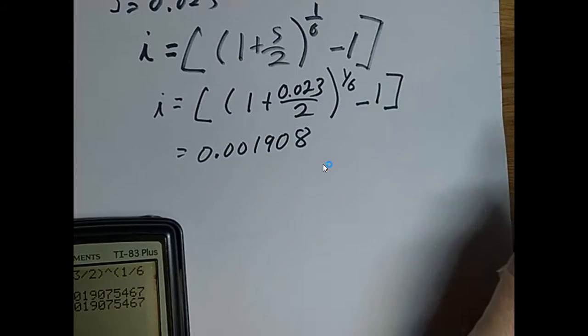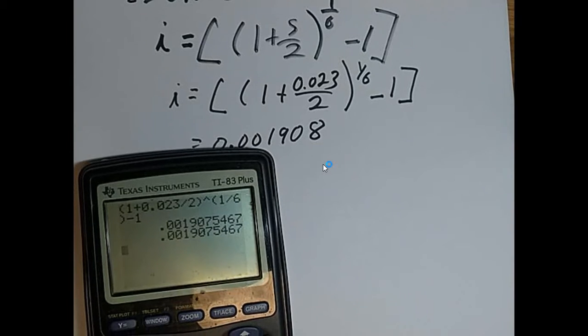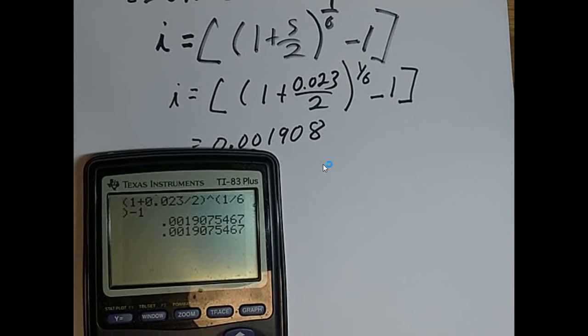Alternatively, another way to put it in the calculator: you can just go 1 plus 0.023 divided by 2. You get an answer, 1.0115. Then you use the exponent key, with bracket 1 divided by 6 in here.